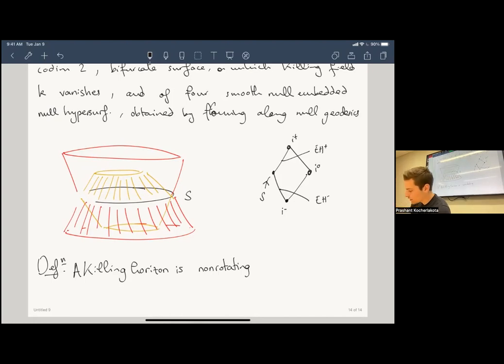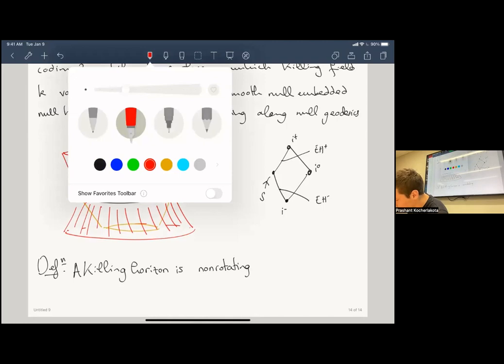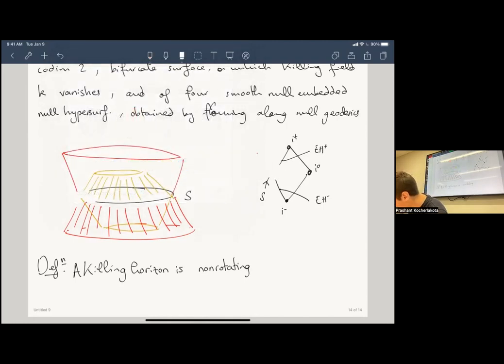So for instance, I'll give you an example. In Schwarzschild, if we go along this direction, it looks like a well.